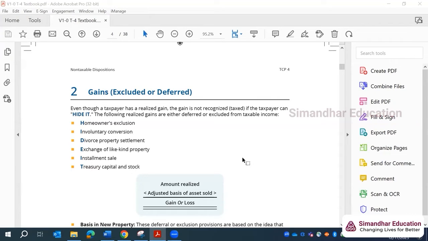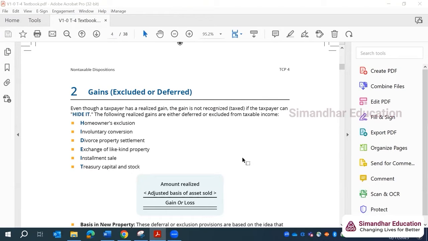If someone gets widowed, then there is a filing status of qualifying widow or widower. And then there is one more filing status, which is called head of household. Head of household means that you don't qualify under married filing jointly, and you are single, but you are supporting your parents or someone, which gives you a better tax slab.